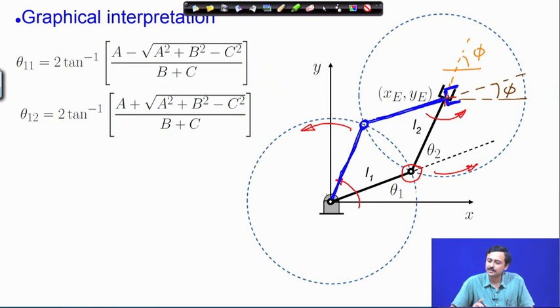So, the orientations at which the manipulator reaches that position x e y e are different. Depending on the requirement, you can choose one of the solutions.